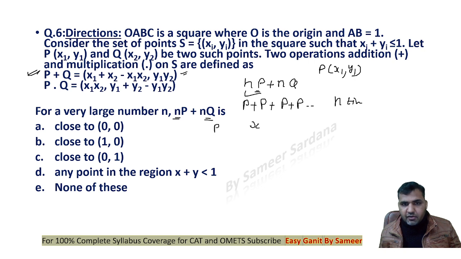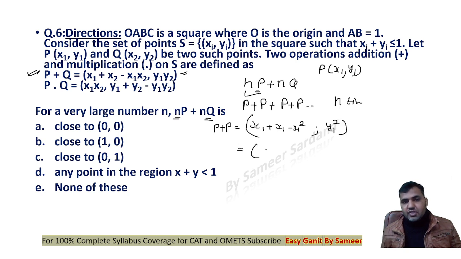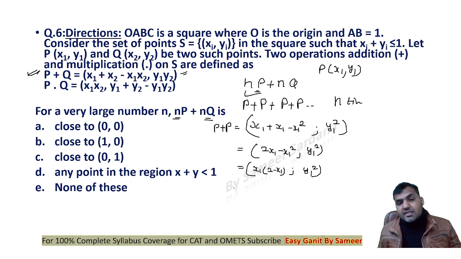If I look at P plus P here only, this would be x1 plus x1 minus x1 square, and then y1 into y1, that is y1 square. Now you see that this will be 2x1 minus x1 square, y1 square. This is x1 into 2 minus x1, y1 square.